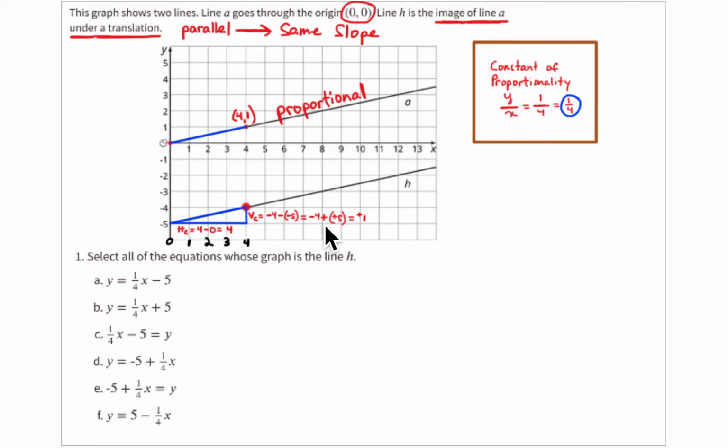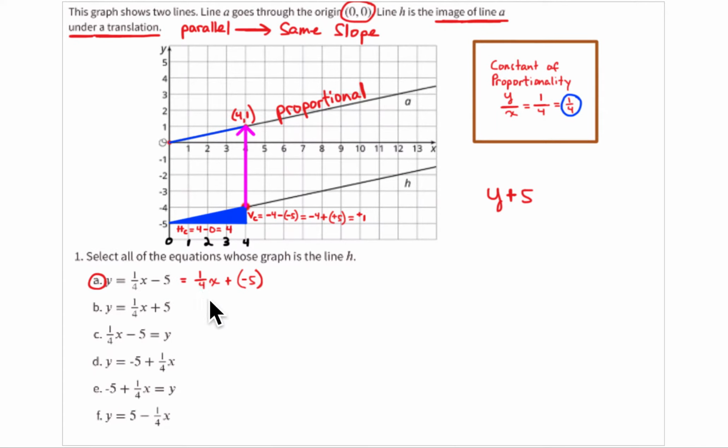So that's -4 plus +5. And this is going to come back when we write the equation. But -4 plus +5 is a +1. So the change in the vertical direction is 1 unit. The change in the horizontal direction is 4 units. So that 1 divided by 4 gives you this same slope. And it has to. It's a translation. The lines are parallel. They have the same slope.